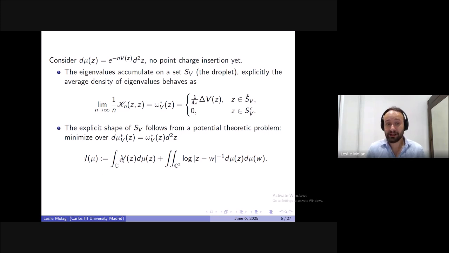It depends on V, and its input is any measure. The problem is to minimize this over all measures mu. The measure that minimizes this is the one that has this density that you find here, and that has the support given by S_V.